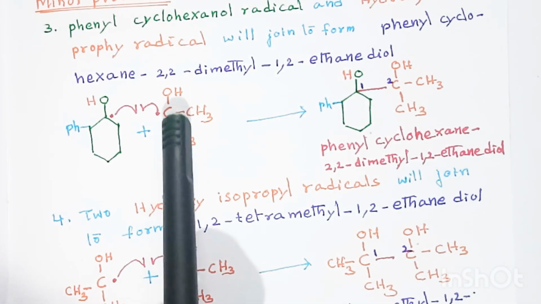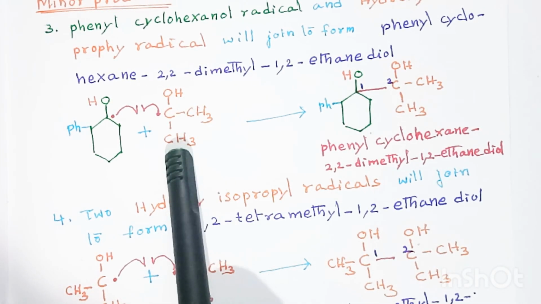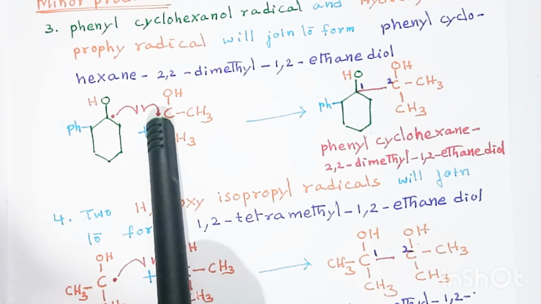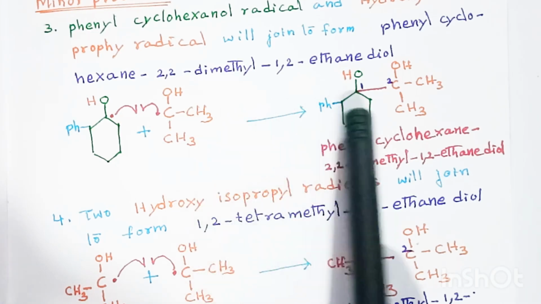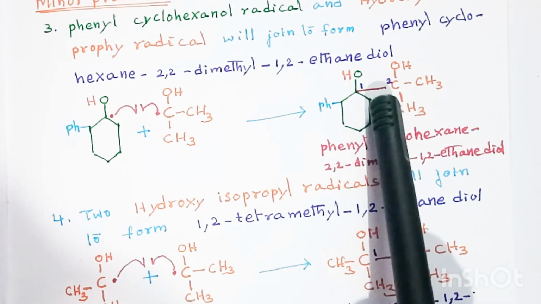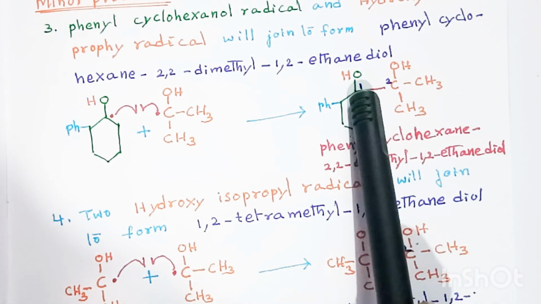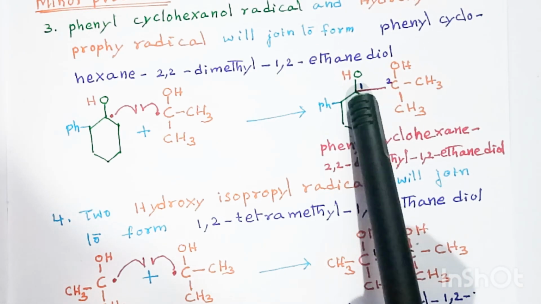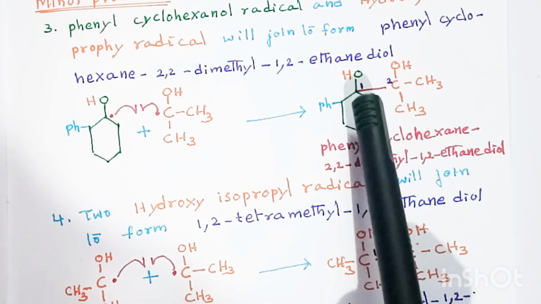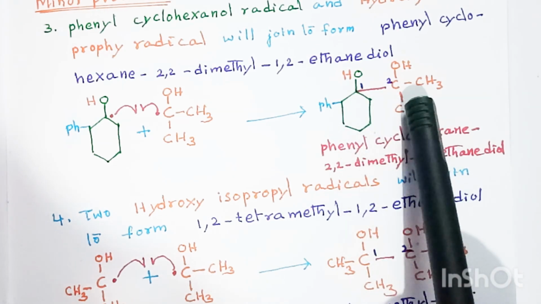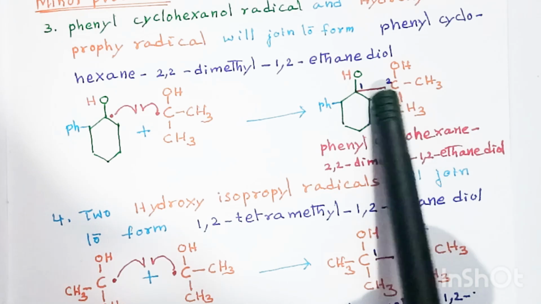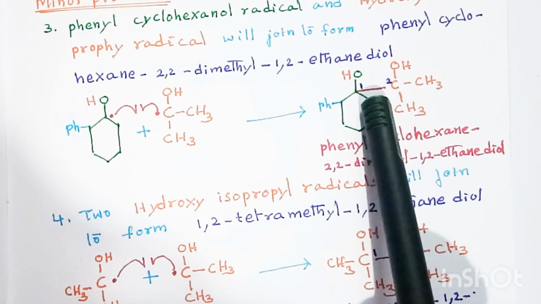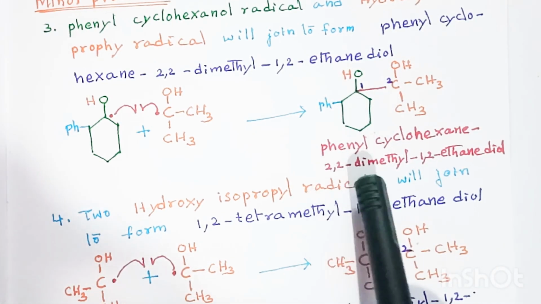This is hydroxy isopropyl radical. This radical and this radical will join to form a new bond between these two carbon atoms, as a result of which we get a bond between carbon 1 of phenyl cyclohexanol radical and the hydroxy isopropyl radical carbon.